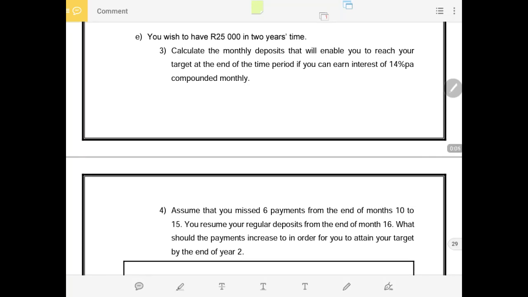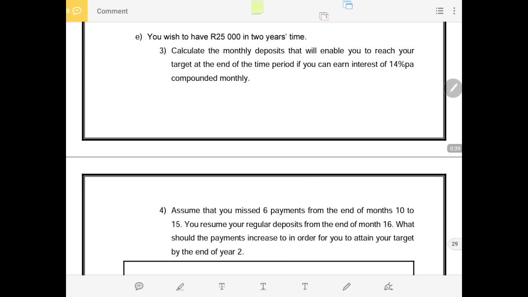We are still busy with the chapter on annuities, focusing on the future value of an annuity. I said, highlighting this chapter, that it is about having a target in life, identifying what you want, and saving towards buying it in the next 2 years or 3 years, as opposed to wanting something now and buying it on credit.